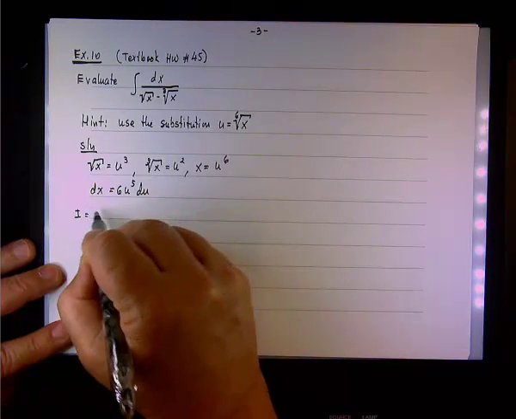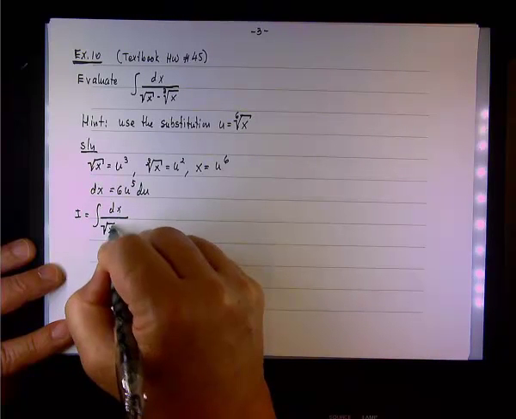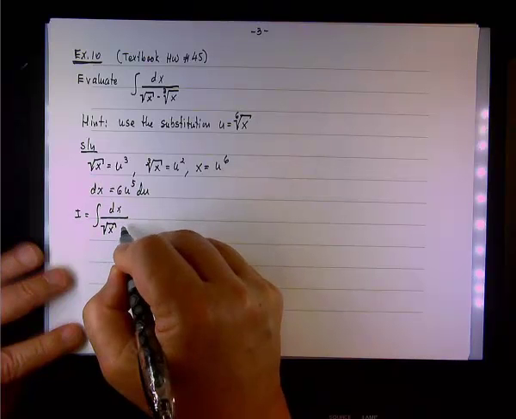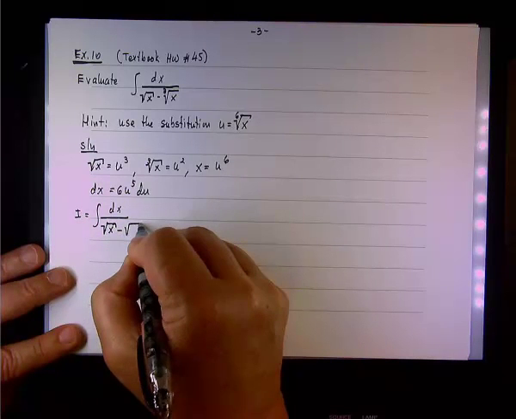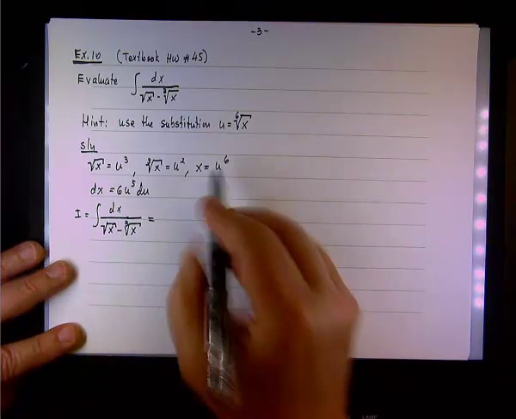So now the integral, we started with the integral of dx over square root of x minus cube root of x.